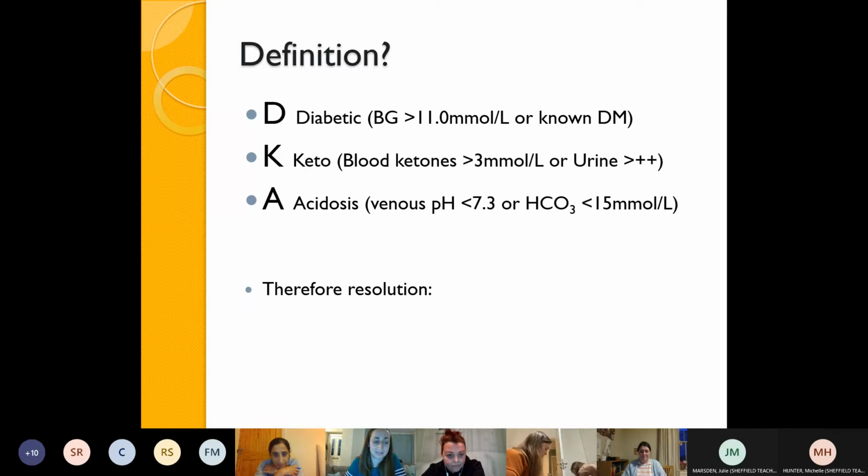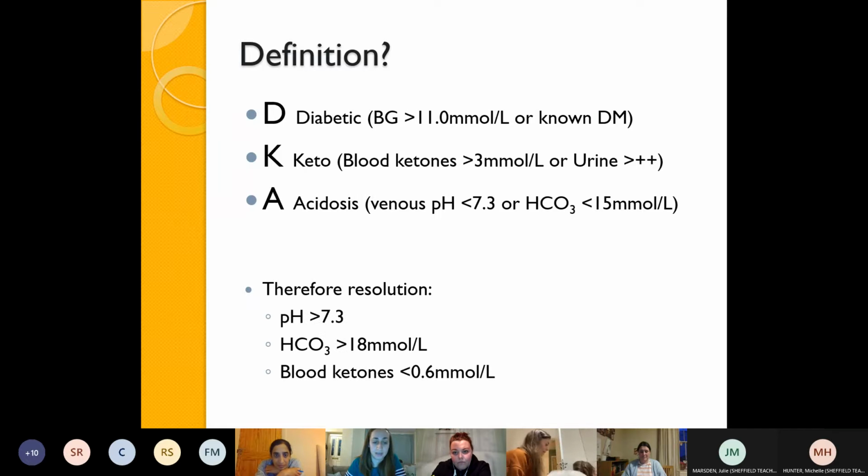Any volunteers? Essentially, we want them to no longer be acidotic, so pH of greater than 7.3 or bicarb of greater than 18. Just notice that the bicarb has to be that bit higher again. And then the ketones need to be fully resolved, so less than 0.6, so basically completely cleared.